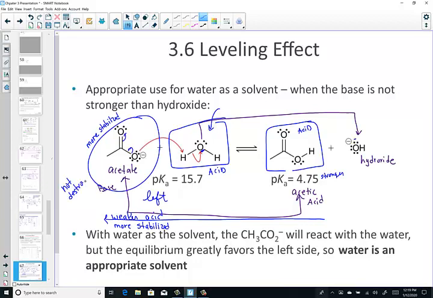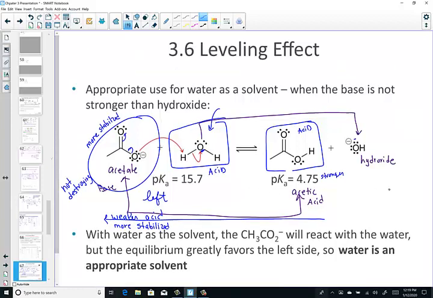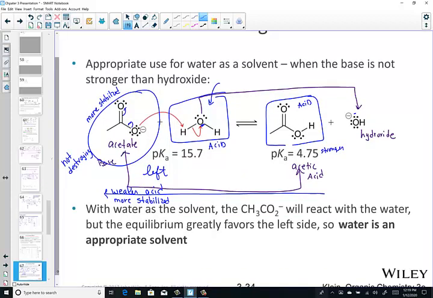And that's important because let's say I want to do a next step. I want to actually have acetate be protonated by something else. I need a solvent to do that. I don't want to put water in as the solvent and have it destroy the acetate by making the reaction push right and taking it out of solution.